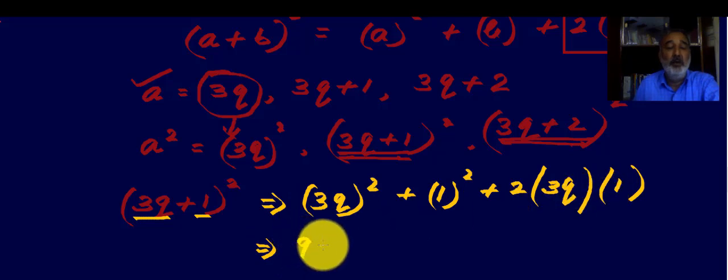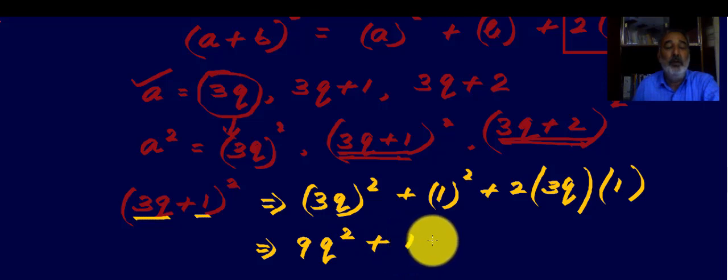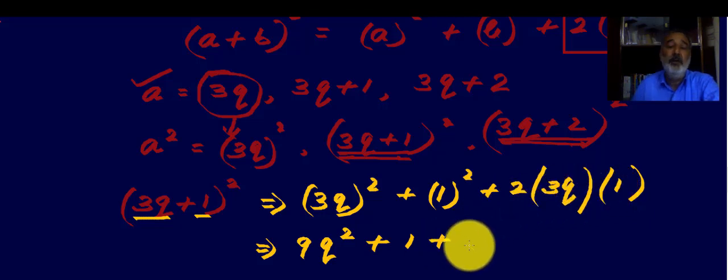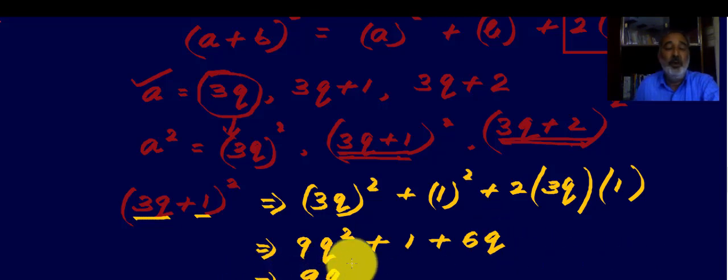It will be 9q square plus 1 plus the product of numerals 6 and variable q, 6q. So in standard form it will be 9q square plus 6q plus 1.